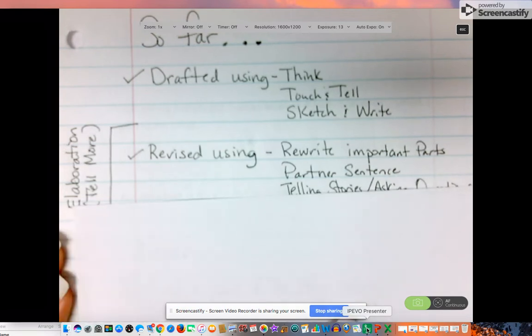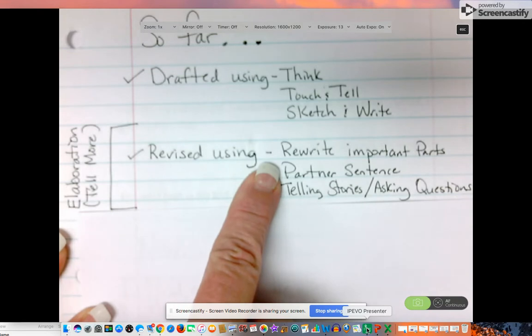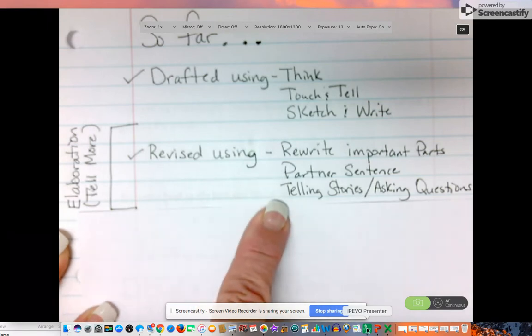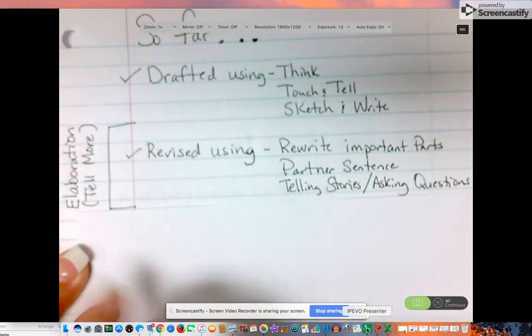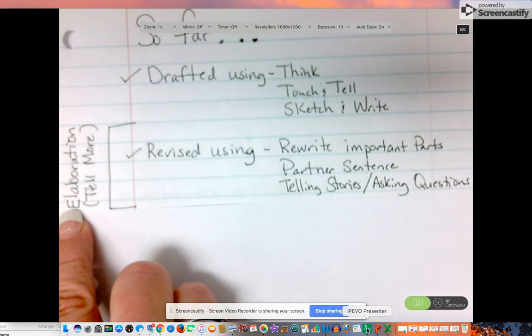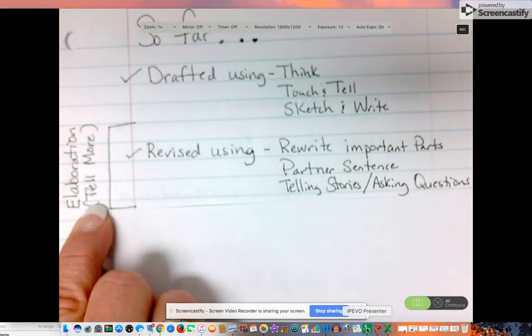We also have worked on revising our stories by rewriting important parts to tell it in more detail, using writing partner sentences, and telling our stories to our peers, so they can ask us questions. All of these activities for revisions have been for elaboration. In other words, so that we could tell more of our story.